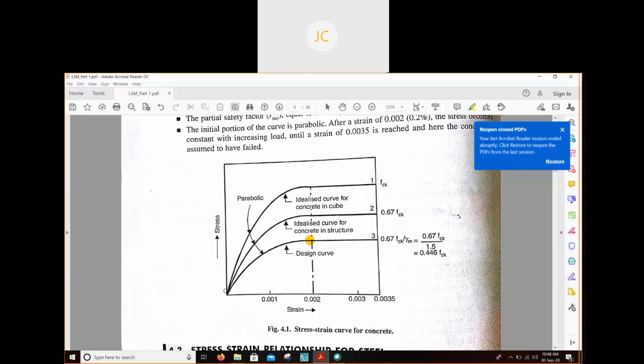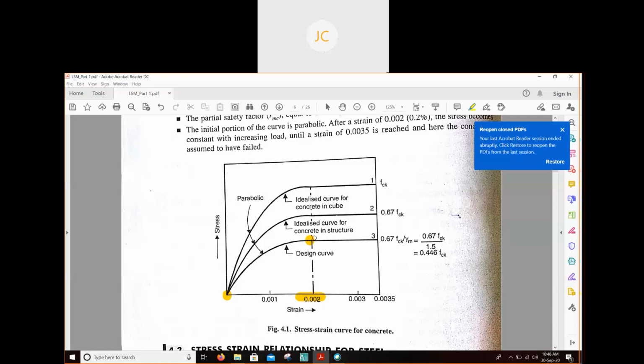Initially, this is our neutral axis, the origin, where stress is 0 and strain is 0. As we go on increasing the load, our stress strain graph is parabolic up to this point, where our strain is 0.002.